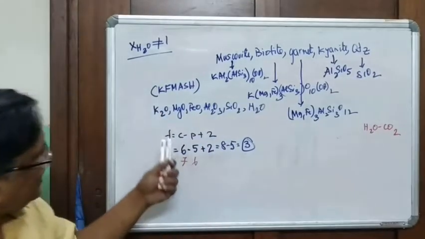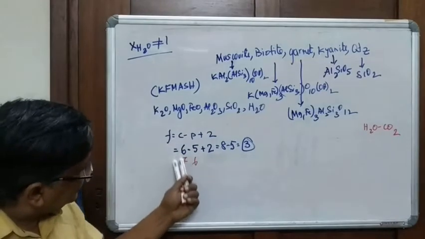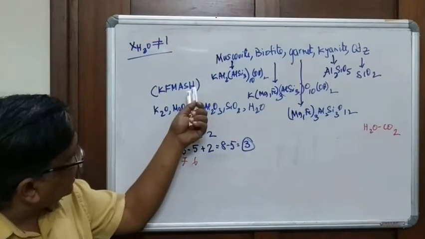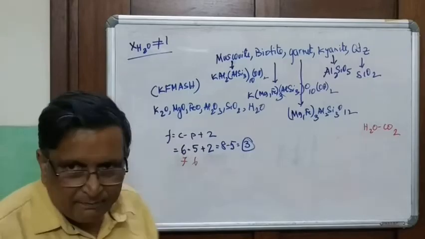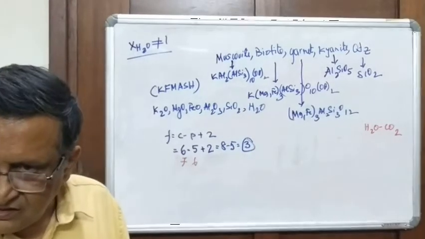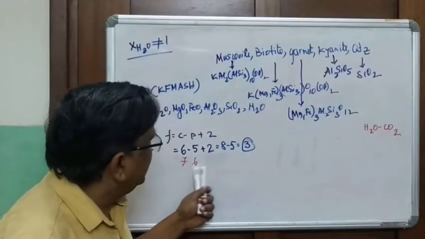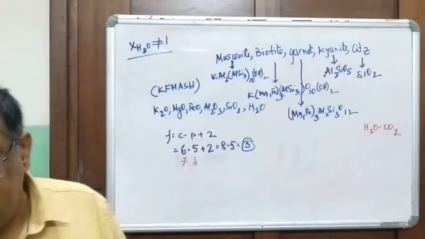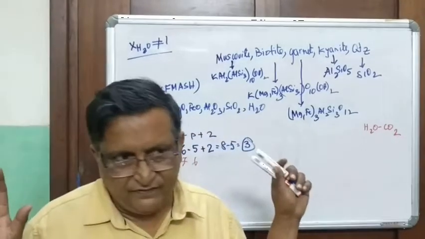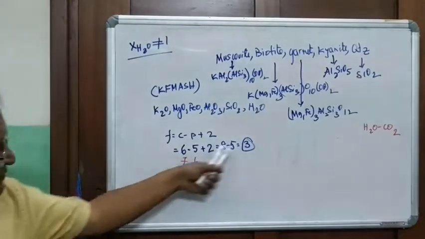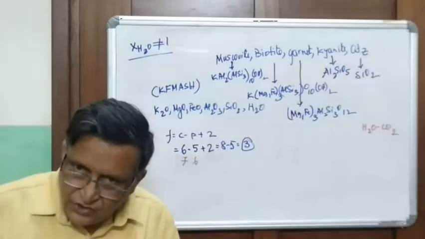So although you have increased the components by 1 by adding carbon here, you have also increased the number of phases by adding the fluid phase. So your Gibbs phase rule says, okay, I know what you've done, but that's it. Variance does not change. Why doesn't it change?